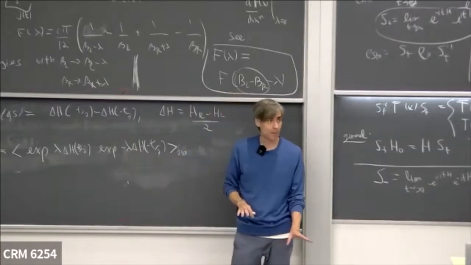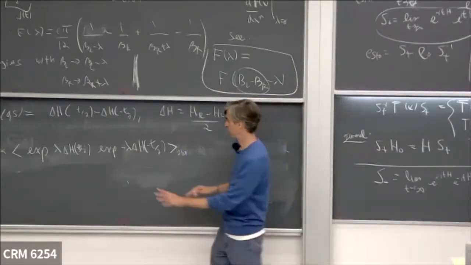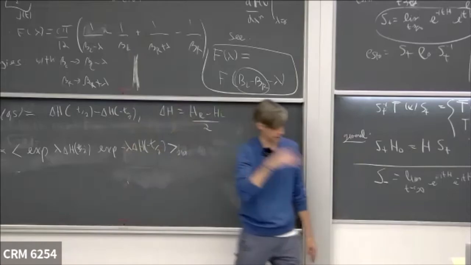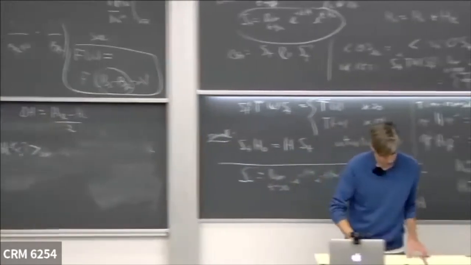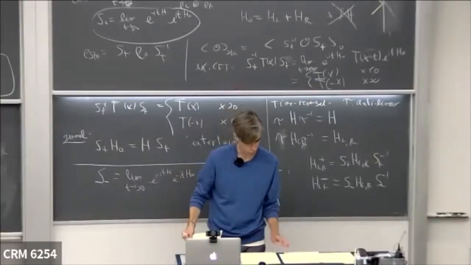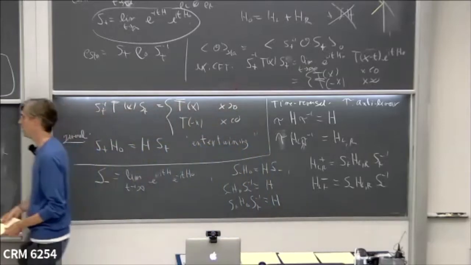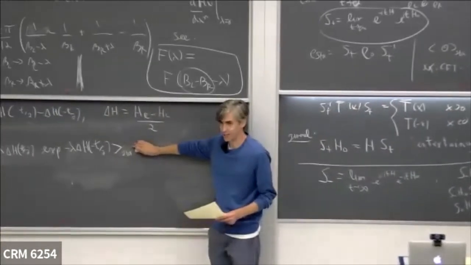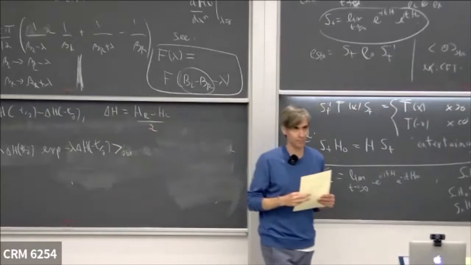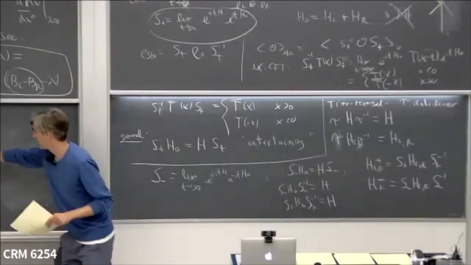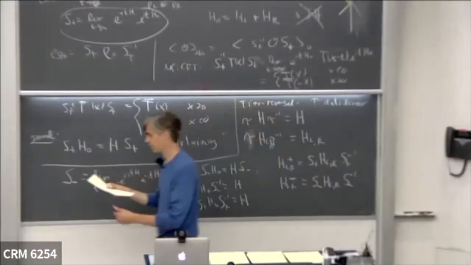In any case, it is expected that it doesn't change too much between this and this, and certainly in CFT it doesn't change at all. In general, it's more difficult to argue that it doesn't change at all, but in any case, let me start with that as the correct formulation, okay? So any questions until there? This is the large deviation function that I would like to evaluate.